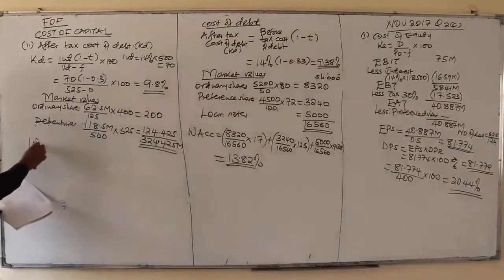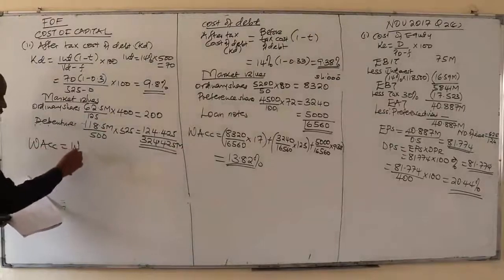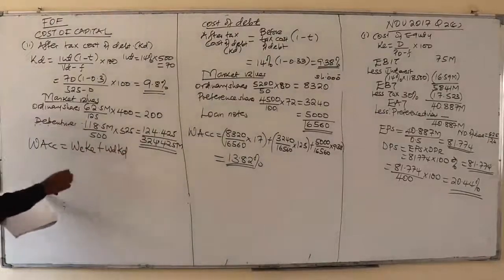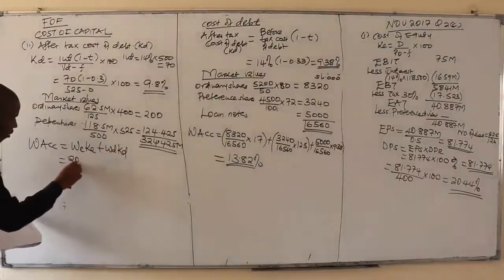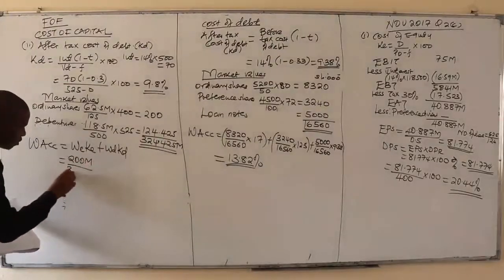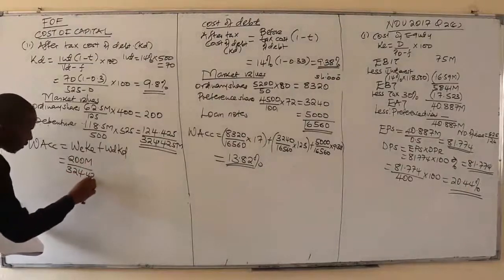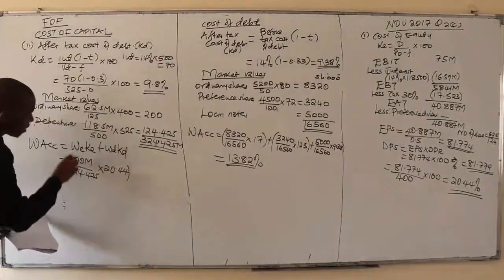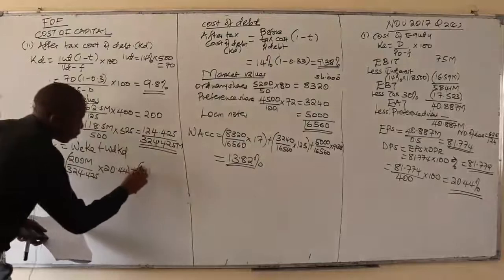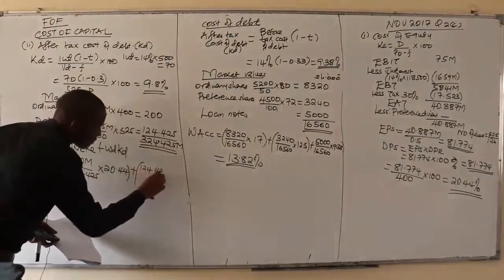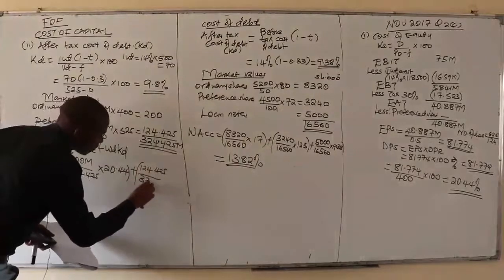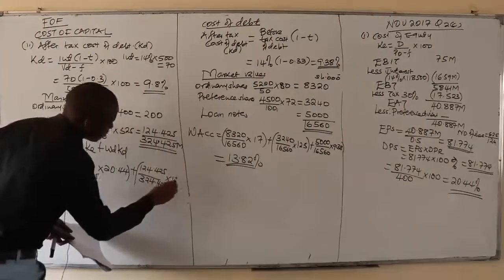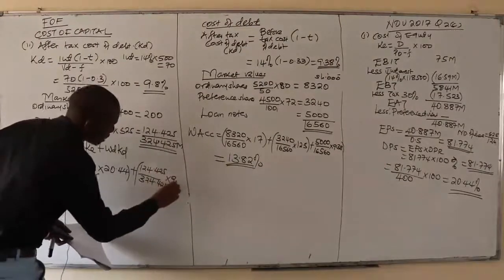So we can get the WACC, which is the weight of equity times cost of equity, and weight of debenture times cost of debenture. Weight of equity will be 200 million. You divide by 324.425. You multiply by the cost, which you got 20.44. Then you add the 124.425. You divide by 324.425. Then you multiply by what? Not 13, this one 9.8.